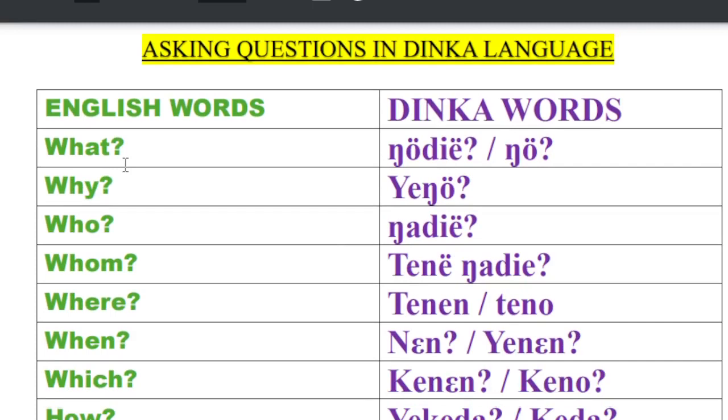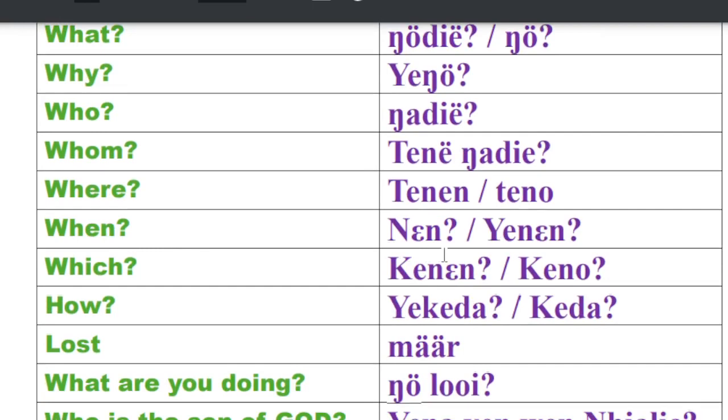Let me make a quick recap again. What, ngodye or ngo. Why, yengo. Who, ngadye or nga. Whom, tani nga or tani ngadye. Where, tanen or tano. When, nen or yenen. Which, kinen or kino. How, yekada or kada.